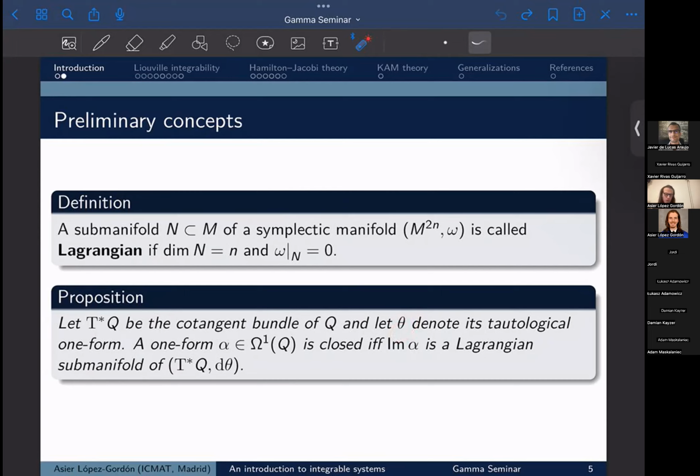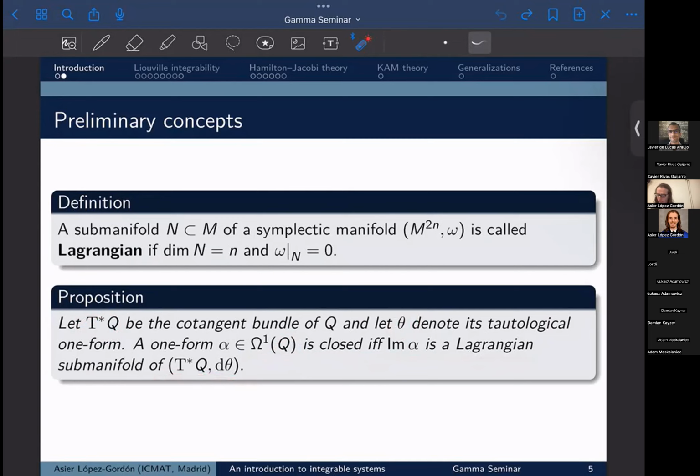I don't know if you call it tautological one-form or canonical one-form, well, whatever. Then we have this result: a one-form on Q, be careful because this is on Q, not on T*Q, is closed if and only if its image is a Lagrangian submanifold of the cotangent bundle.